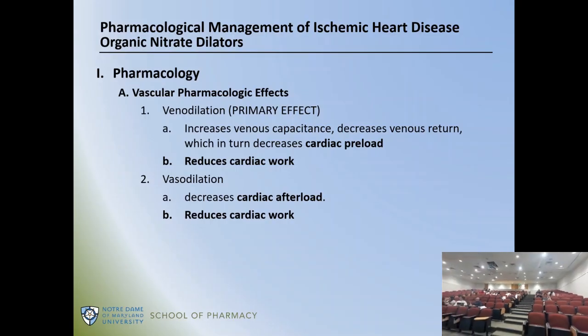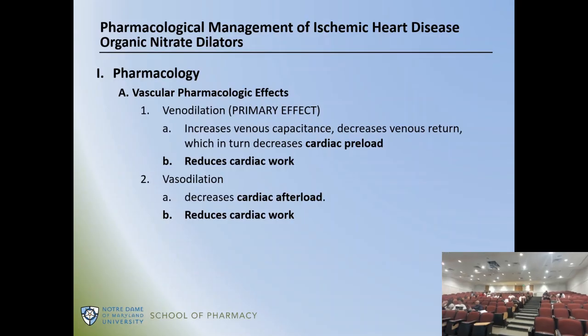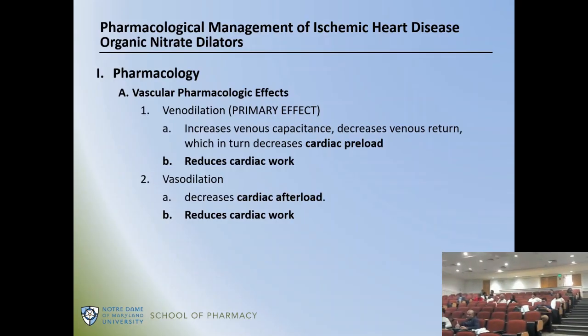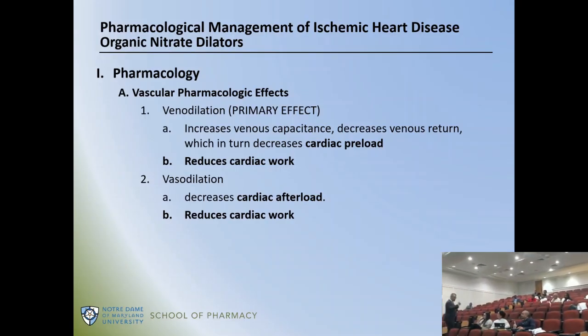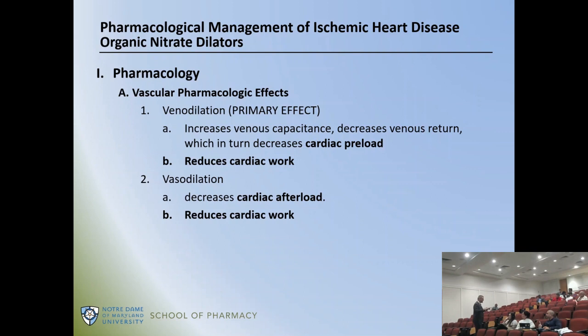Everybody got that? And then the last one is to use drugs directly to lower heart rate or lower cardiac contractility. Okay? Can you think of any drugs that when you give them to patients lower heart rate and cardiac contractility? Beta blockers, definitely. That's the top.